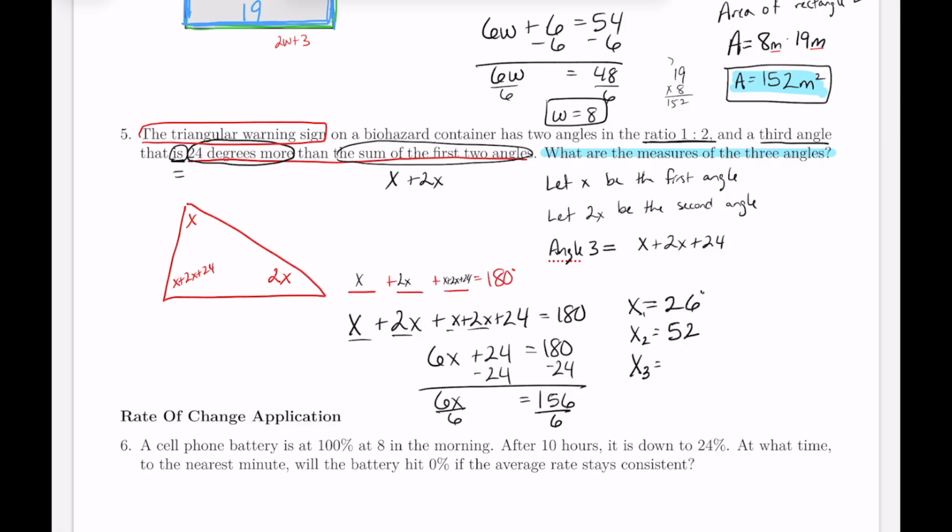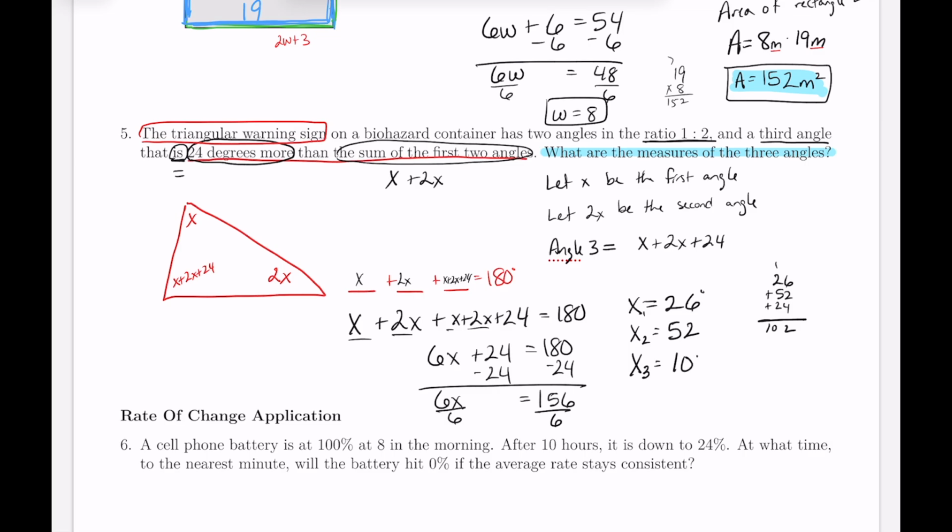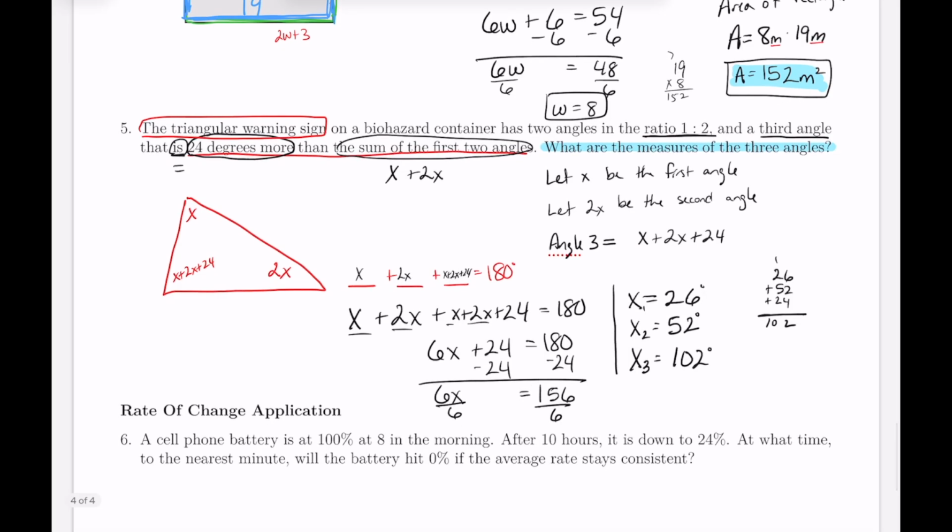I could add those two and subtract it from 180, or I can add 26 plus 52 plus 24, because it said the sum of the first two and 24 more than that. So that gets me 102. That sounds pretty good. There we go. What are the measures of the three angles? 26, 52, and 102.